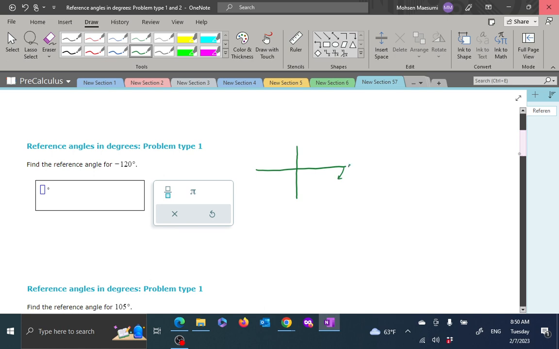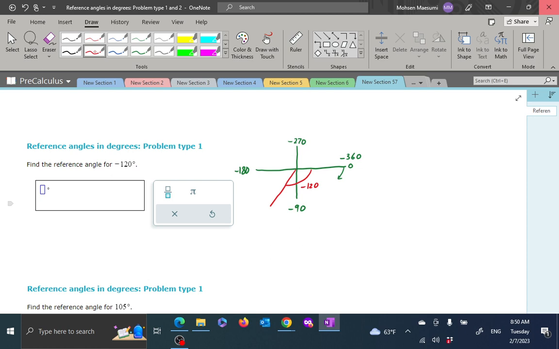Clockwise, we go through 0, minus 90, minus 180, minus 270, and by the time we come back here, we are at minus 360. So where is minus 120? Minus 120 will be somewhere here, is that right? So this angle of minus 120 is between minus 90 and minus 180.